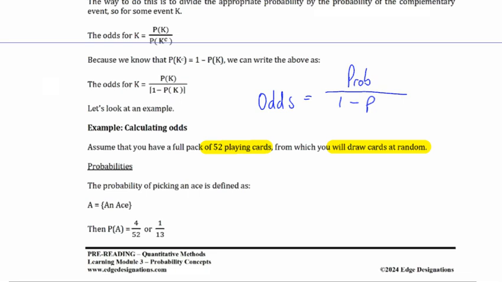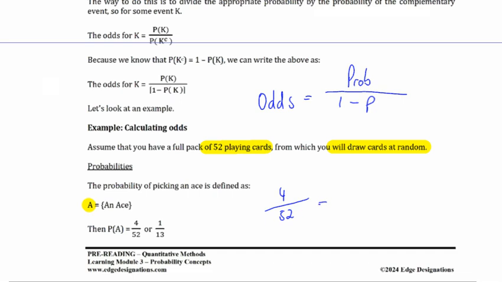What do we know about a pack of cards? We know that within a pack of cards there are 4 suits, and within those 4 suits, each one will contain an ace. So in total, there are 4 aces in the pack altogether. We know there are 52 playing cards altogether.